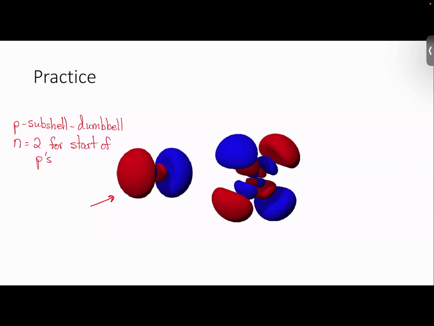Now it's really hard to see, but there is one right here that's little that represents the 2P. The next one out would be the 3P. So we are looking at a 3P subshell where the 3 represents our n value and the P represents the L value, which is equal to 1 if it is a P.